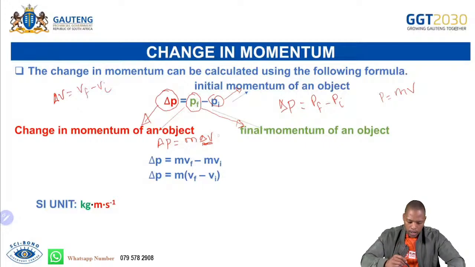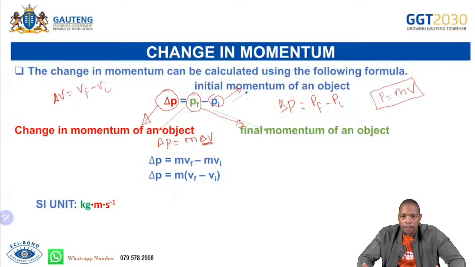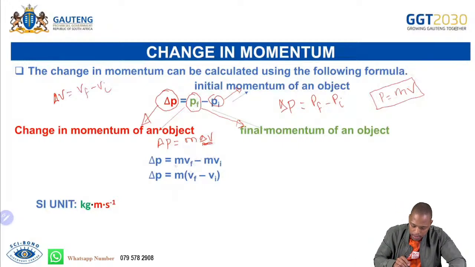Delta P could then be written as m Vf, using this formula, because momentum is actually mv. So it will be m Vf, that's m with the final velocity, minus m Vi, that's the mass with the initial velocity. And then mathematically, I can see that I have m as a common factor here. Then I have delta P, take out m as a common factor, and I'll be left with Vf minus Vi.